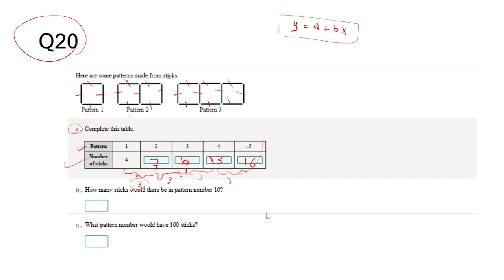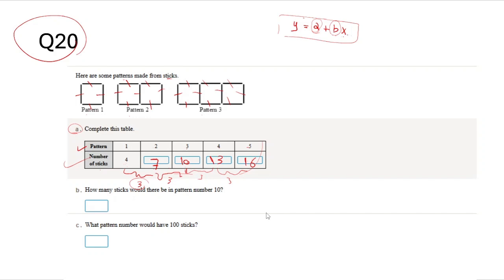For a, the a represents the number when x equals 0. This a is the value of the initial condition when x is equal to 0. B represents the change in the value when x changes by 1.